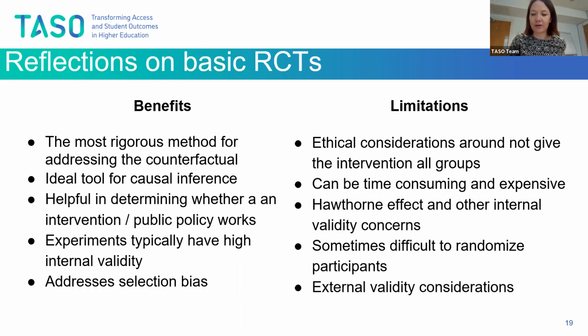It allows us to observe what would have happened if we hadn't implemented the intervention. It's an ideal tool for causal inference, or causal effect. Due to the ability of an RCT to control for the unknown and unmeasurable variables, we're able to determine causal inference. It's helpful in determining whether or not an intervention works.